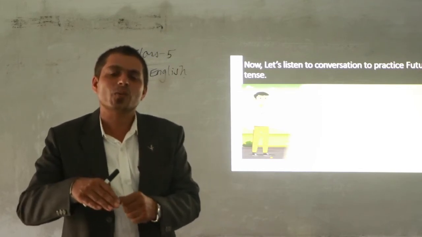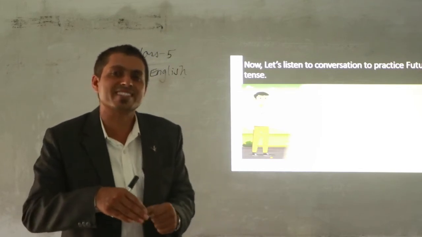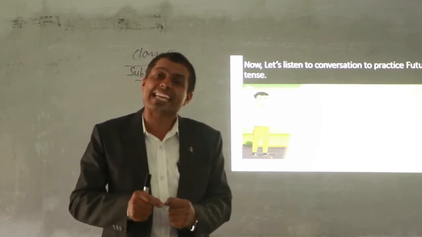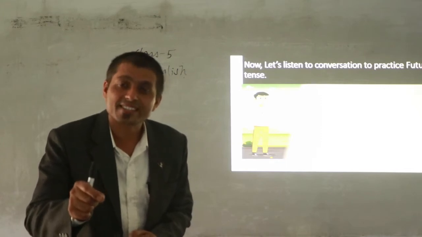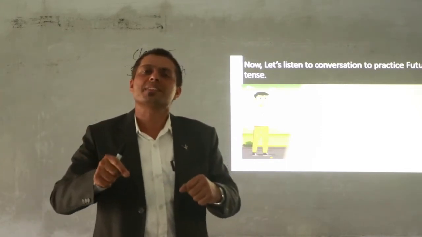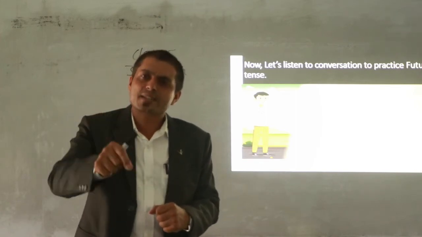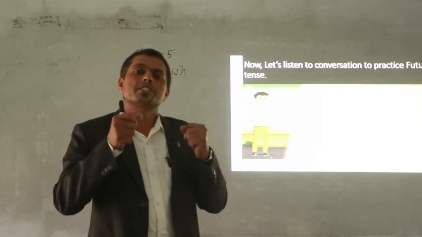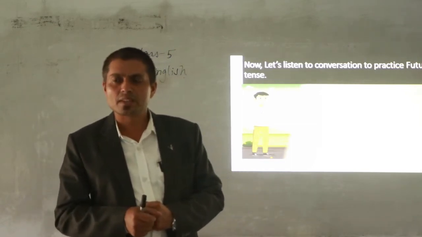So this is one of the examples of the future continuous tense. You can even say, I will be taking an exam next year. Or, I will be taking my final exam at the end of this year. A particular time is mentioned.